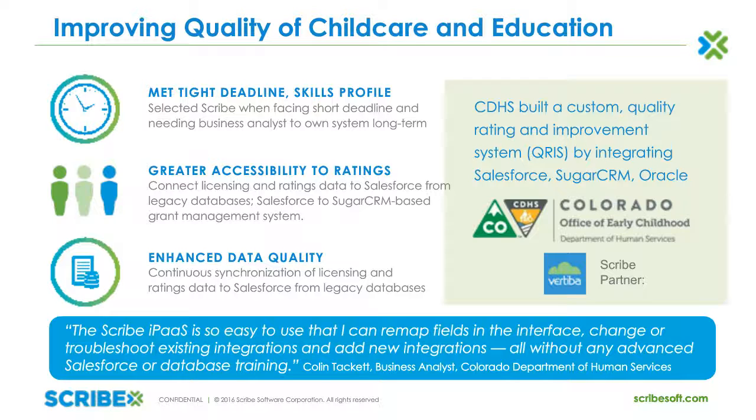What they're responsible for is tracking and communicating to the public the childhood options for people. So preschools, early childhood education centers, daycare centers, things like that. And they actually received a grant to improve the quality of that education.